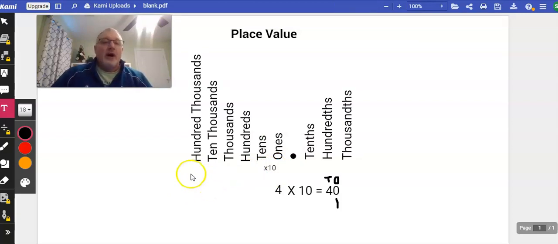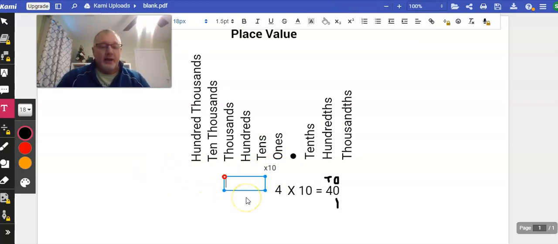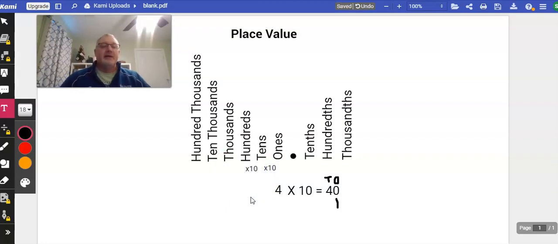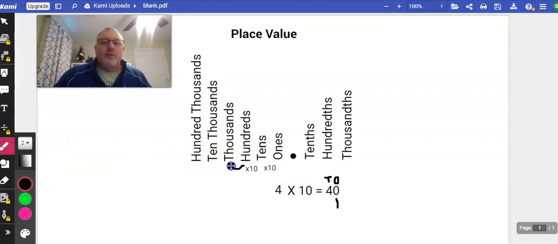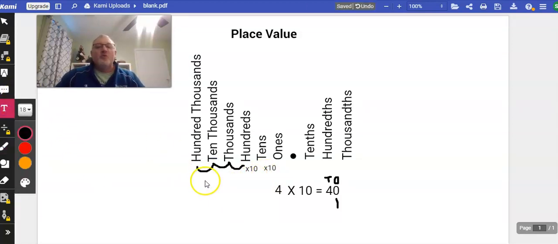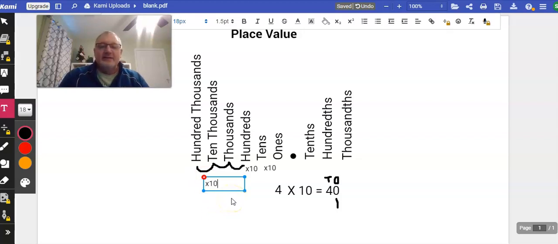And again, if I want to multiply once again from tens, right, to hundreds, again, I'm multiplying by 10. Now, so the idea is that each time I'm going from one place to the next, I am multiplying by what? Everybody? Yep. We are multiplying by 10, okay? Each time I do that.